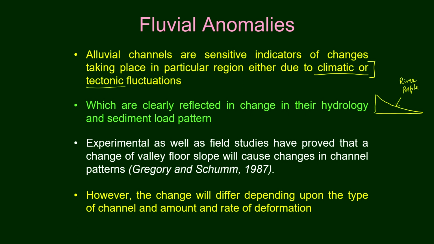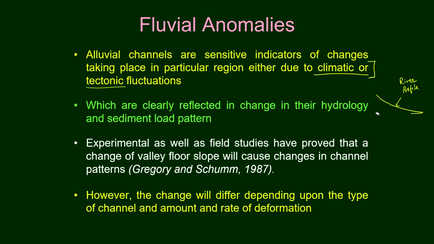This again we need to take into consideration, because, as we have learned in previous lectures, we will come across three types of channel: one is the straight channel, another is the meandering channel, and the third one usually seen is the braided one.